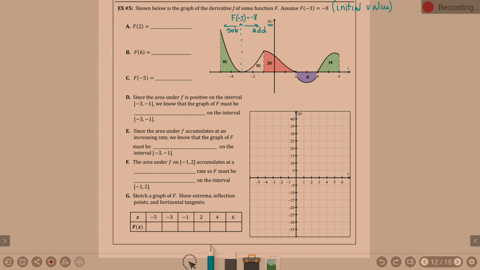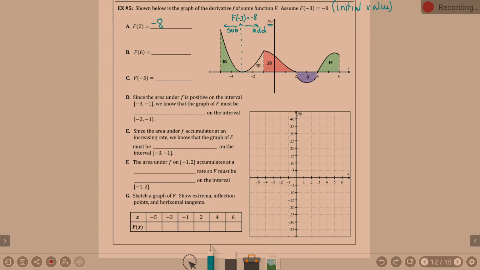Now, if we are going to f of 2, what's the starting value we can use? F of negative 3 is what? Negative 8. As we move to the right, they've already done the math for us. Those numbers in the boxes are the areas.